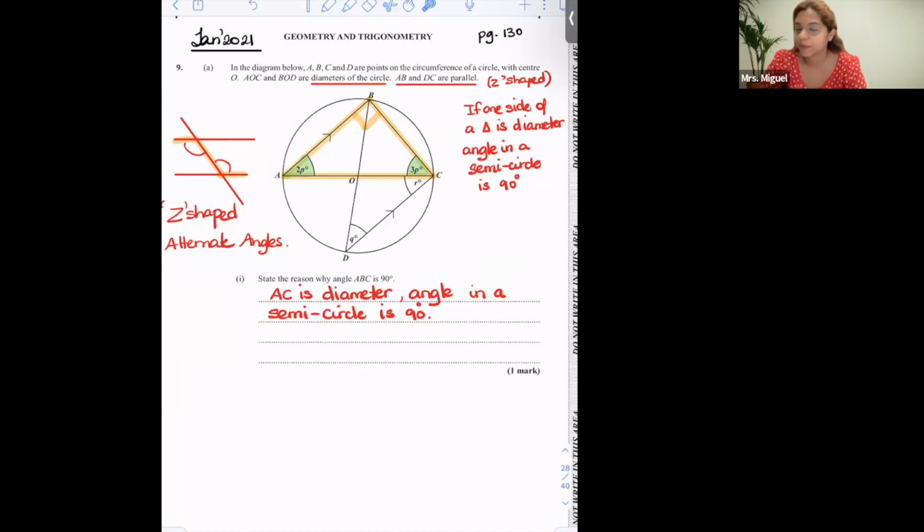Very good. Did you all hear what she said? So this is already 90, so from 180, 90 is already taken. This is 2P and this is 3P. So therefore 2P plus 3P will give us 90 degrees.